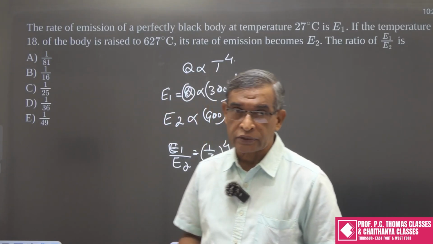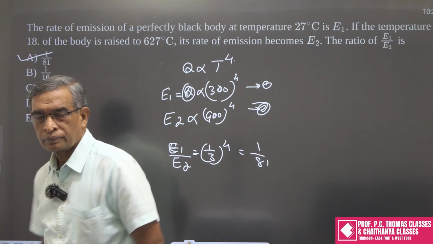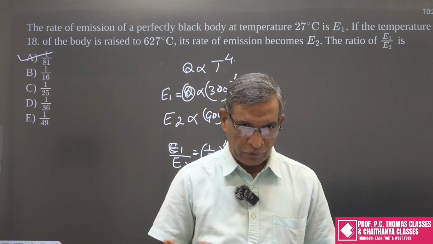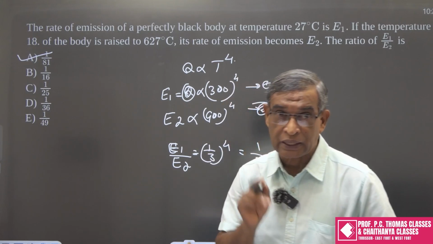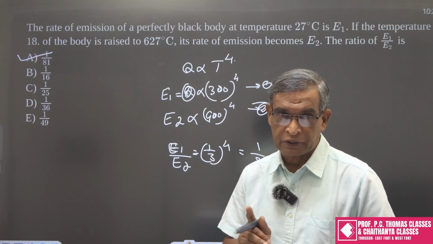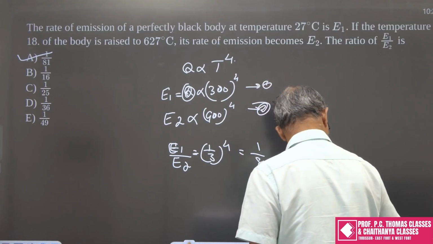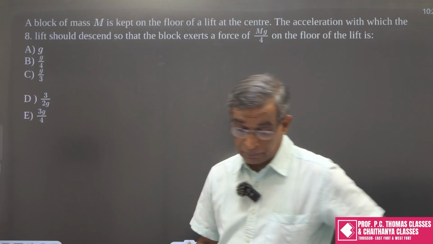So that is the answer to the question: 1 by 81. They are verifying whether you remember Stefan's law, and also that the temperature in the expression is not in degrees centigrade but in Kelvin. Go to our next question. A block of mass m is kept.